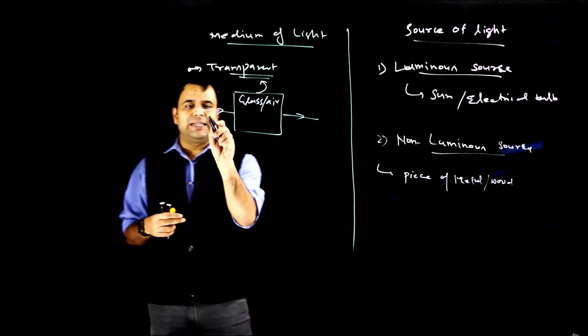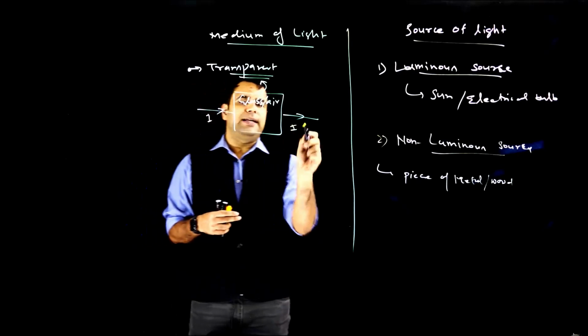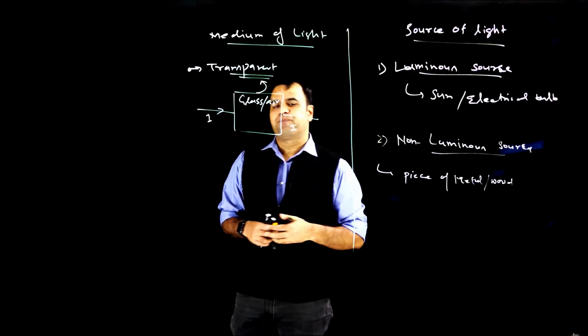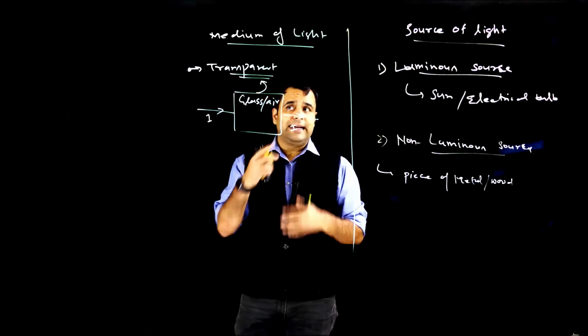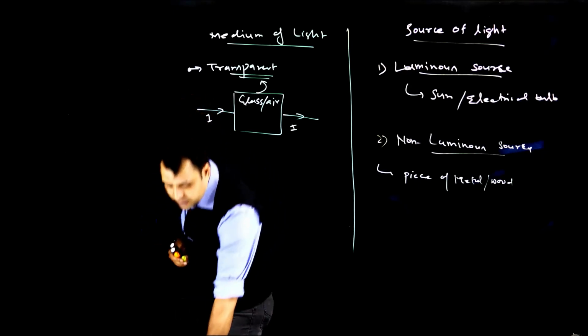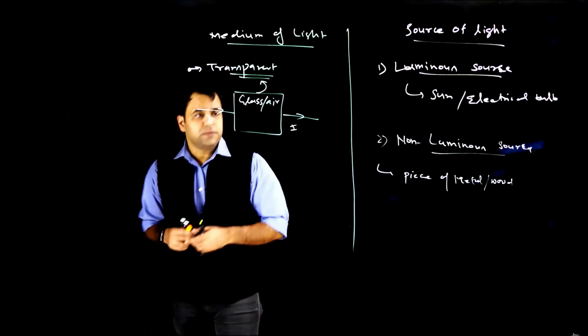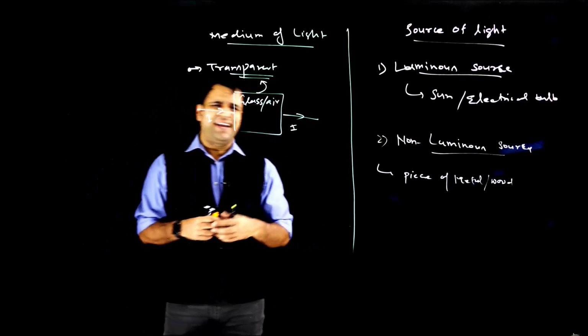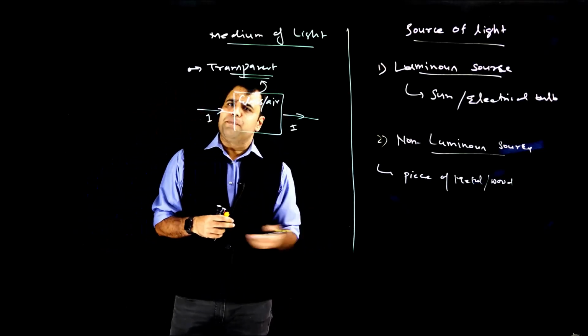Whatever the intensity was in the beginning, the same intensity or brightness remains when it exits the medium. We call it transparent medium. Examples are glass, air, and a lot of other examples.